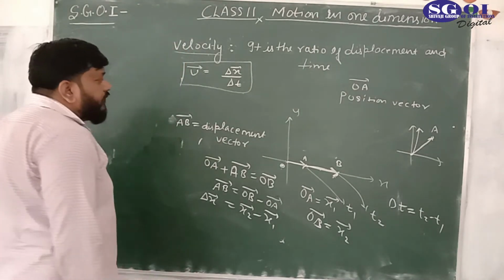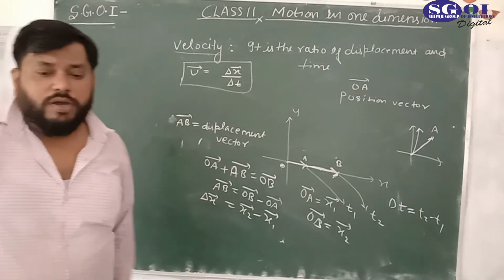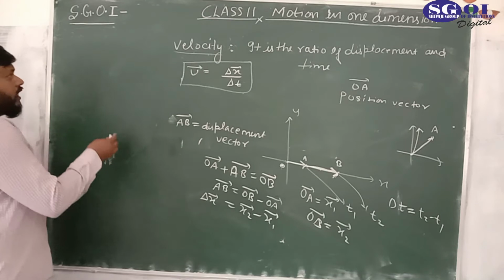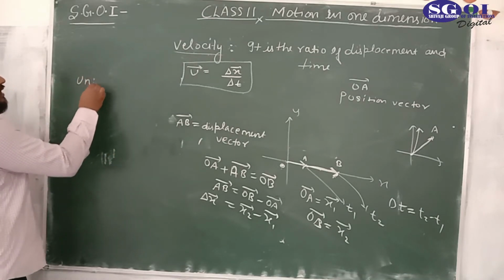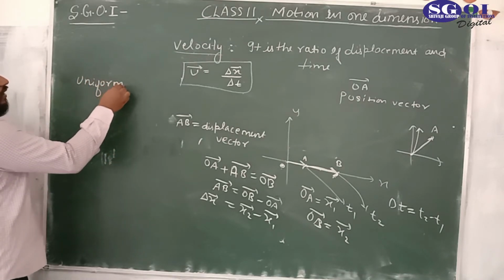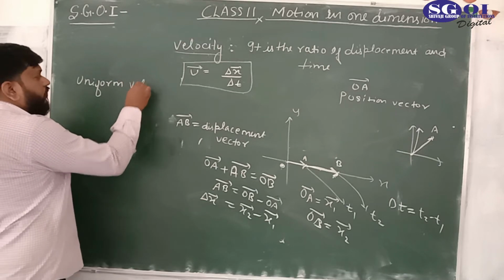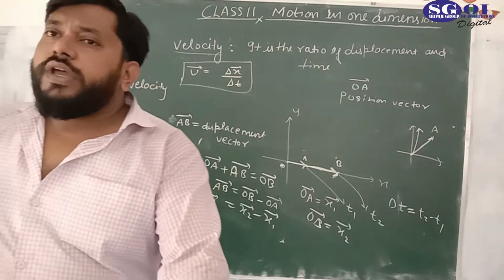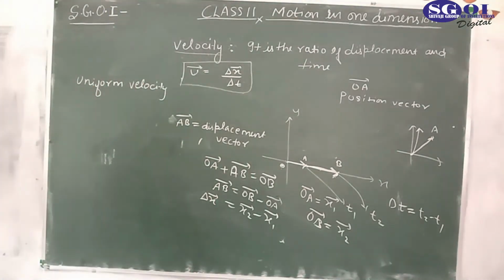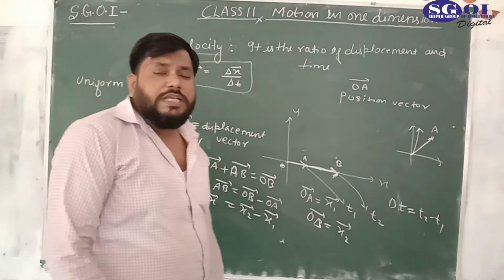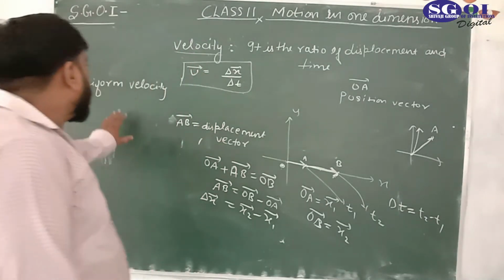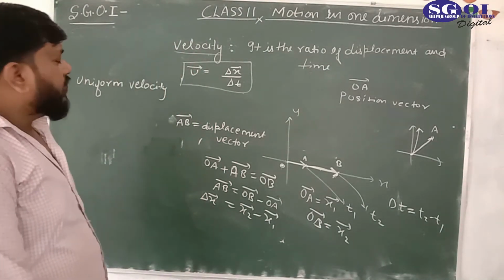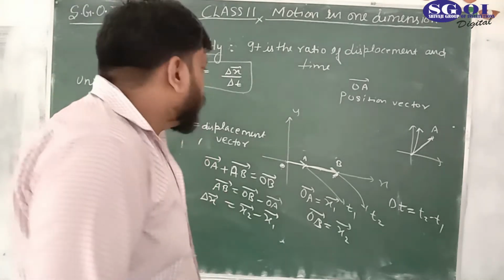As we talked about in displacement, now we are going to define uniform velocity in the same manner as we defined uniform speed. So what is uniform velocity? Uniform velocity is when the object covers equal displacement in equal intervals of time. When the object covers equal displacement in equal intervals of time, then we can say the object's velocity is uniform.